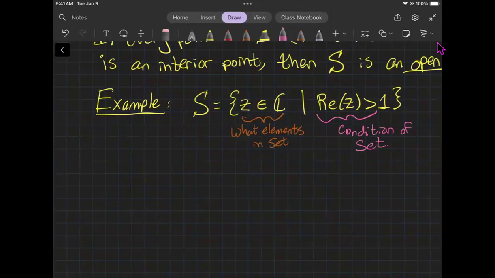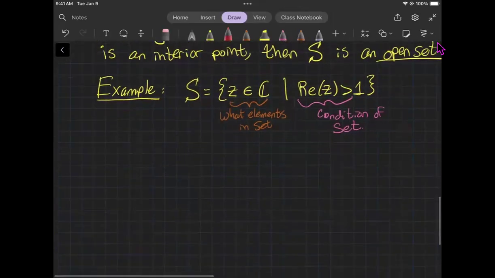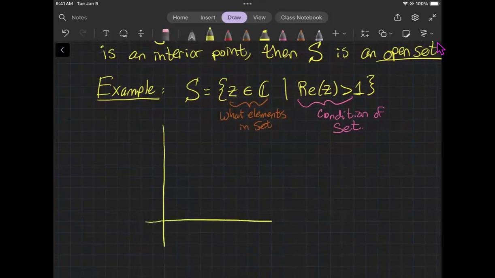So S is the set of all complex numbers such that the real component of a complex number Z is greater than 1. So graphically, it's represented like this. So here's the real part, and then the imaginary part is here. So we want the real part of Z being greater than 1.